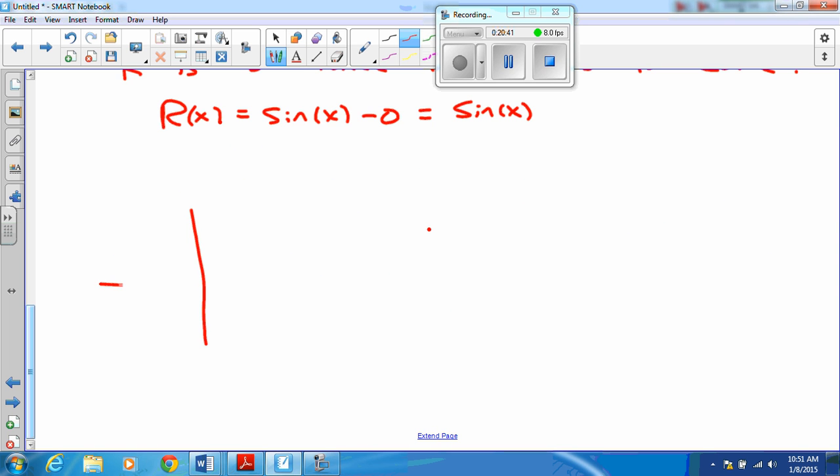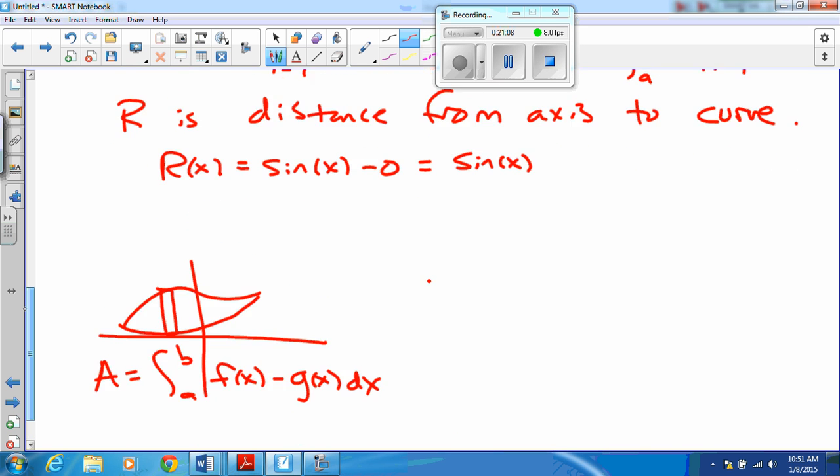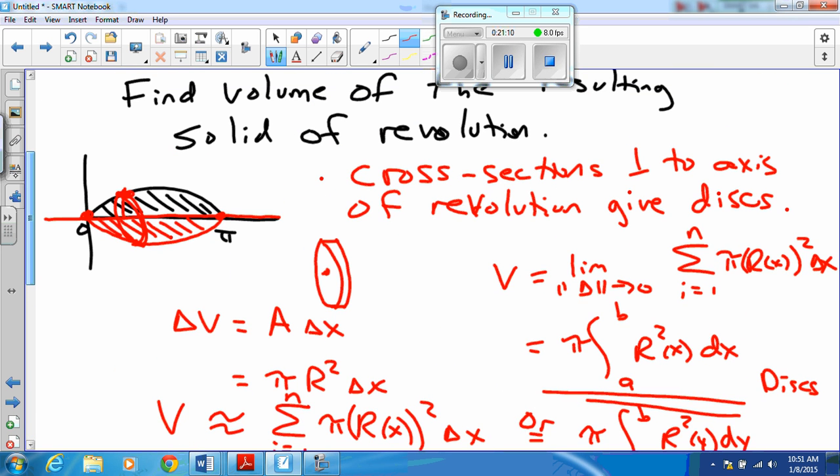Notice that what resolves that question is always paying attention to the geometry. So if I have some region defined like so, and I'm looking for the area of this region, first I visualize a representative rectangle that's going to be one of the many rectangles that covers this region here. And I simply say to myself, what is the distance from here to here? Top minus bottom. So the area is the integral from a to b of top minus bottom dx.